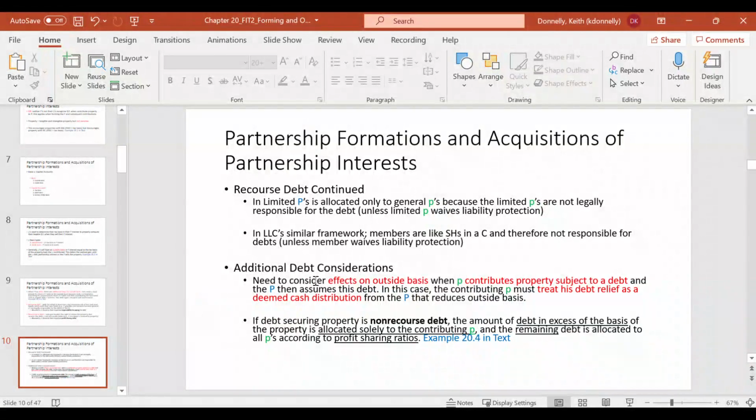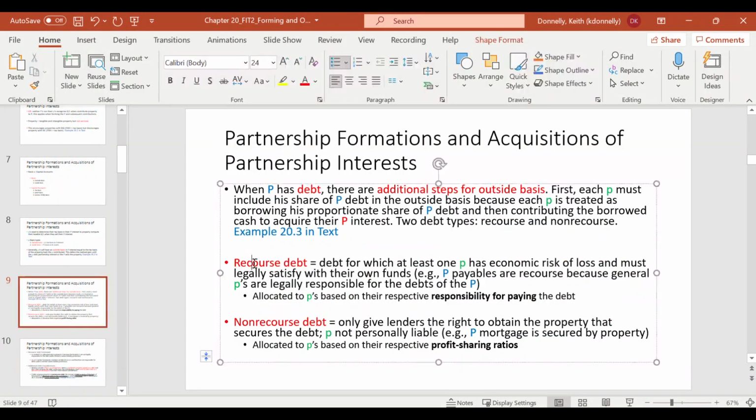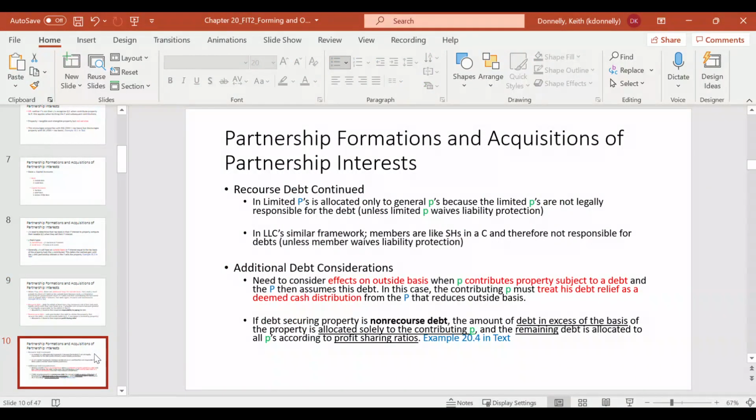This is the situation where we have to be aware of partners contributing property subject to a debt. So we talked about when the partnership has debt, we have to look and see, is it recourse? Is it non-recourse? Then we allocate it to the partners based off these criteria. The second idea here is when a partner contributes property subject to a debt, like what I was saying with a house that has a mortgage.